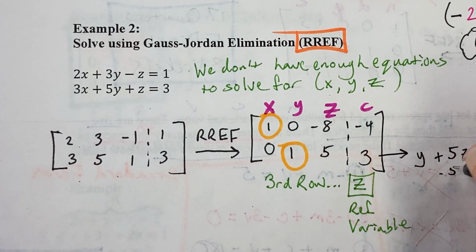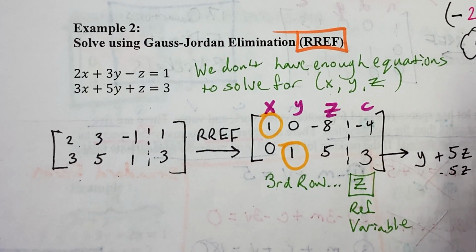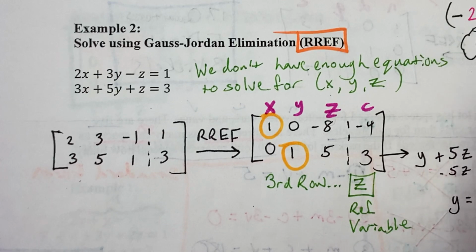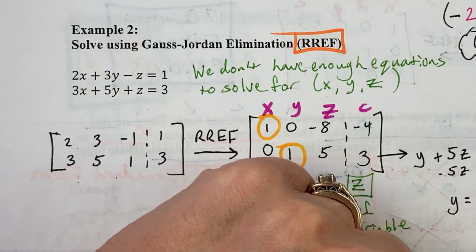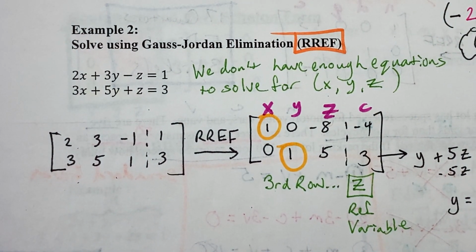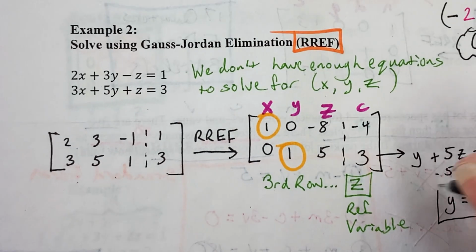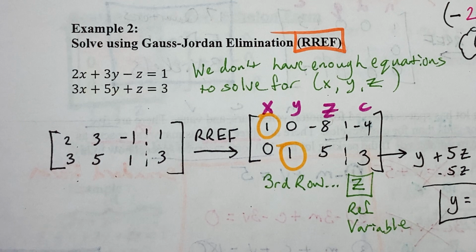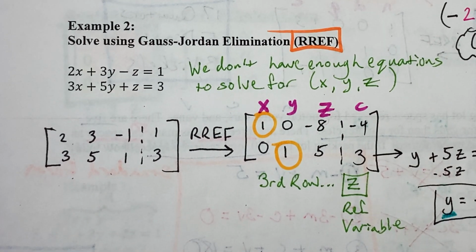We're going to minus that 5z. So y equals negative 5z plus 3. And again, I like to put my variable stuff first before my constants, but it doesn't actually matter. And now I have an expression for y in terms of z, the reference variable.